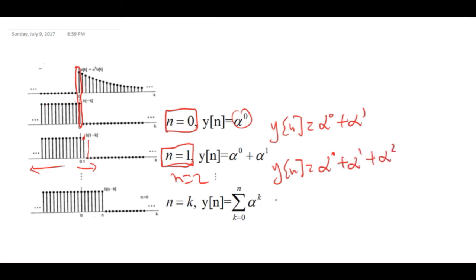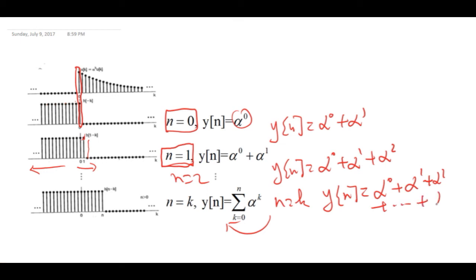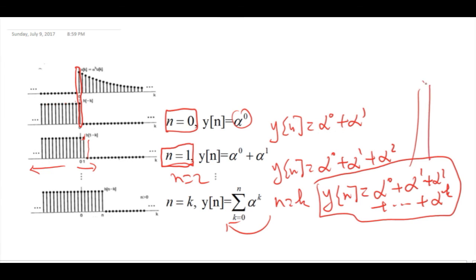And similarly, when n is equal to k, that is the case, y[n] will equal alpha naught plus alpha 1 plus alpha 2 plus dot dot dot plus alpha k. Now, this is the task: how are we going to sum this series in a more tidy way. We can basically write it in such a way: y[n] is equal to the summation, k equal to 0 to n, of alpha k.